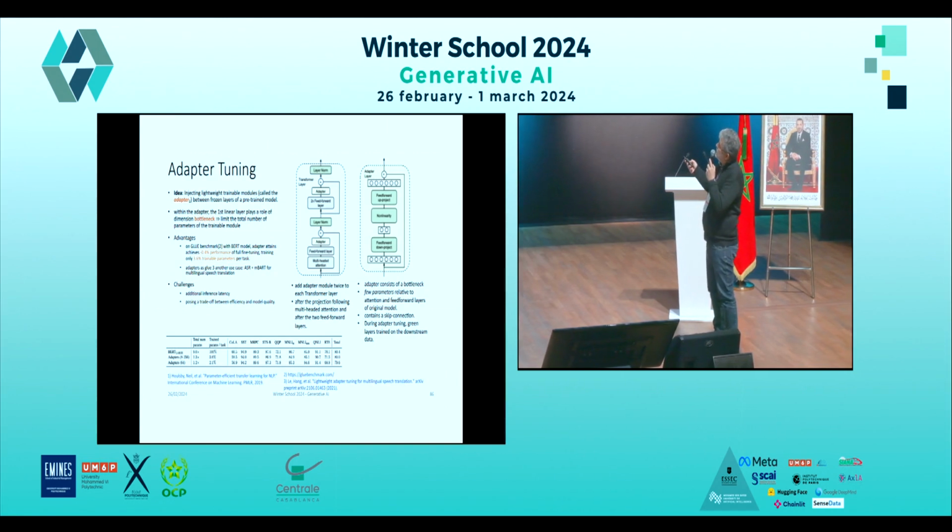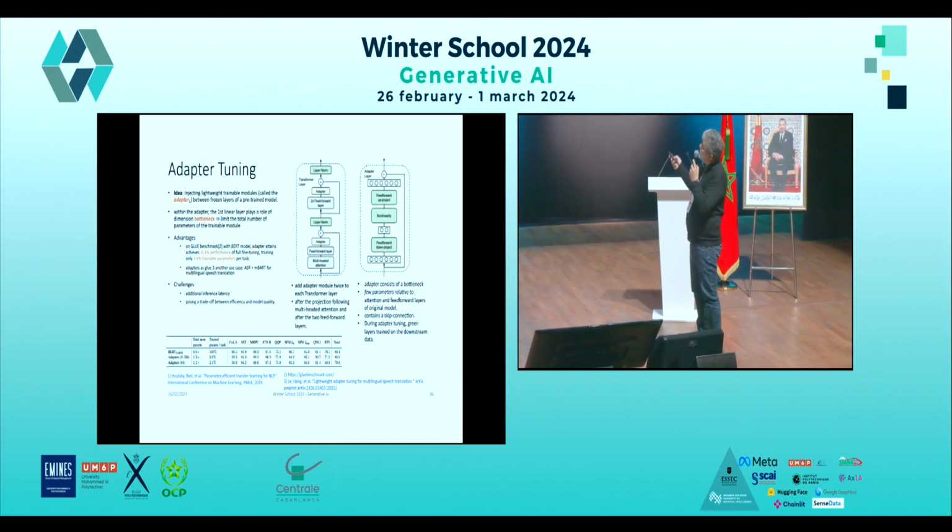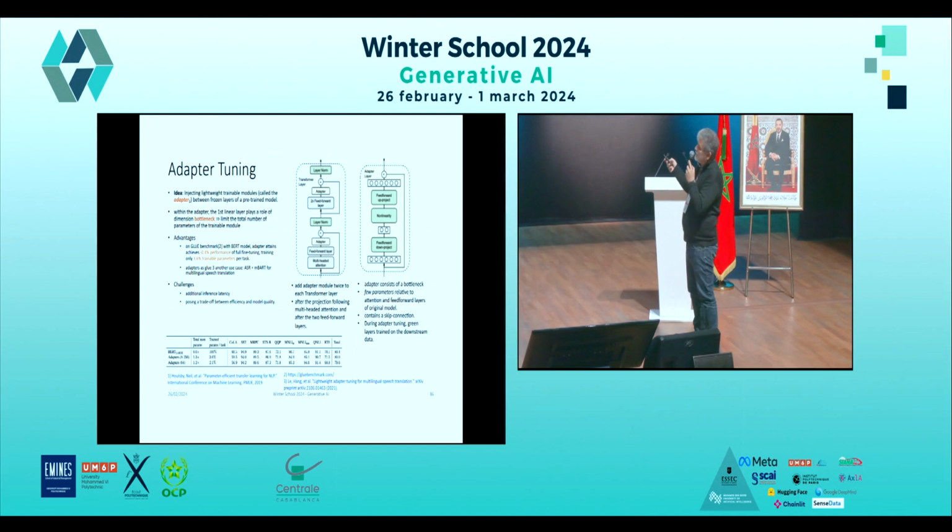So let's see what is the adapter fine-tuning. The basic idea is that we have this transformer architecture where the layers are very big. As you remember, we have billions of parameters inside here, and we inject what we call adapter modules. This is the architecture of an adapter module, which is a small encoder-decoder. So we have the original dimension here.